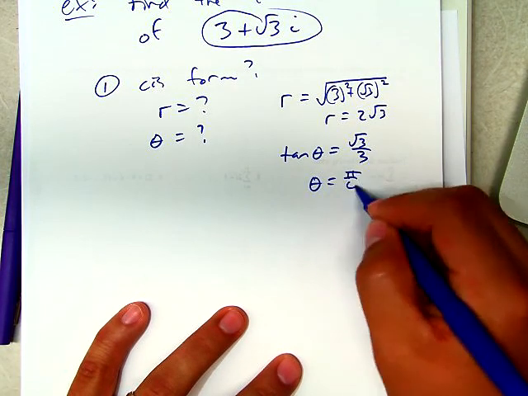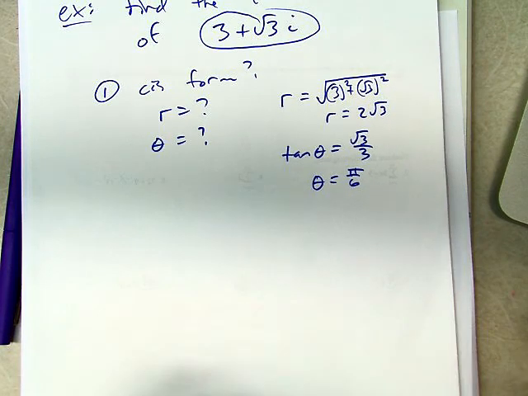So that would be pi over 6. We're just using the formulas from Friday, Jenna. Yeah, tangent's B over A. A was r cosine theta, and then B was r sine theta.